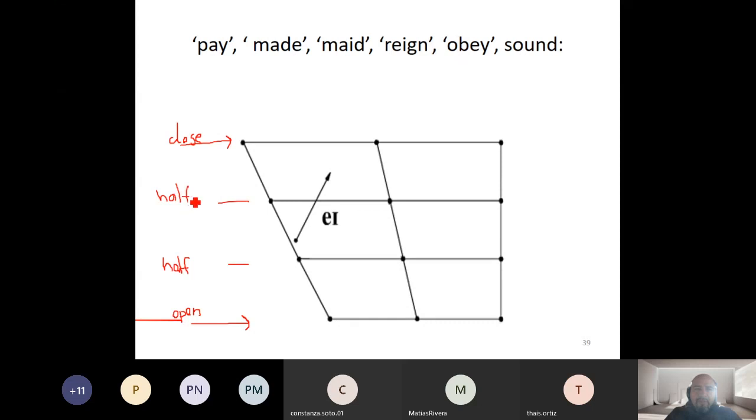Because when you say long e, your mouth is almost closed, of course not completely, because you wouldn't be able to produce the sound, but it's almost closed as compared to when you say, for example, ah, ah, ah, your mouth is more open.